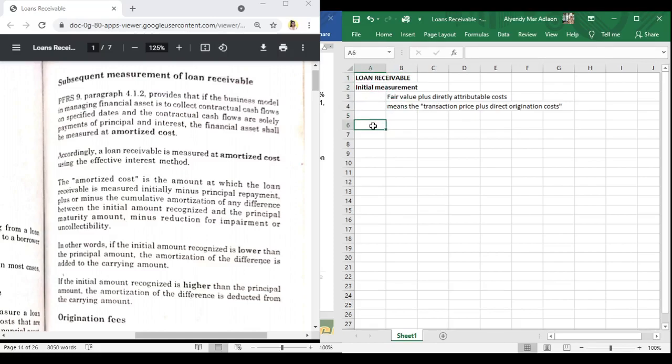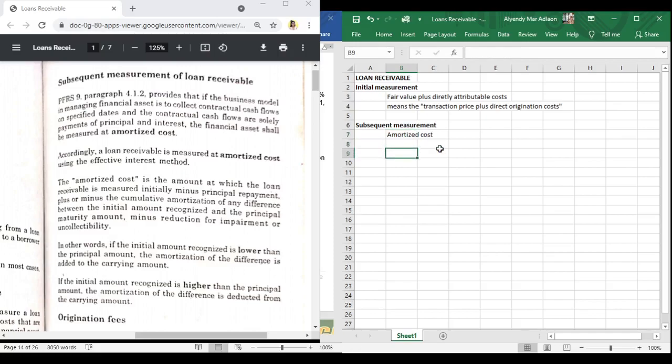Now, how about the subsequent measurement? Subsequently, we are going to measure it at amortized cost. So, what would constitute the amortized cost?